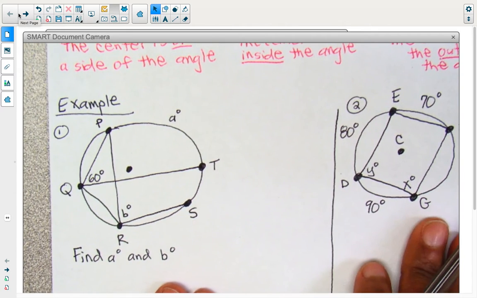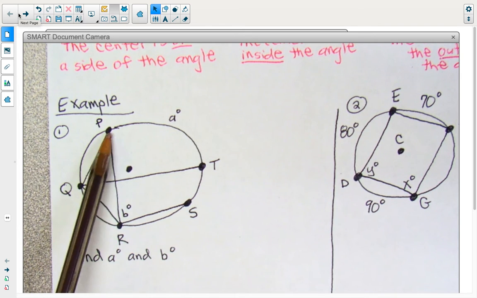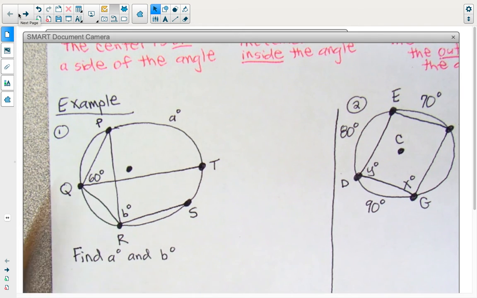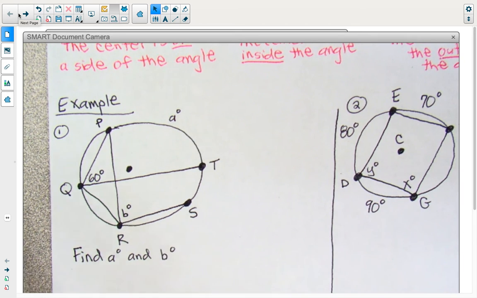All right, we're going to find the measure of angle A, and it's actually an arc. So we're going to find the arc PT, and we're also going to find the arc on the inscribed angle B. So we're looking for the measure of A and the measure of B. So let's go through some things that we know. I know that I have an inscribed angle.